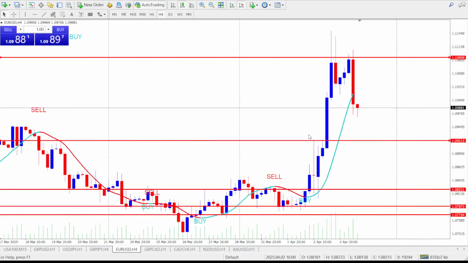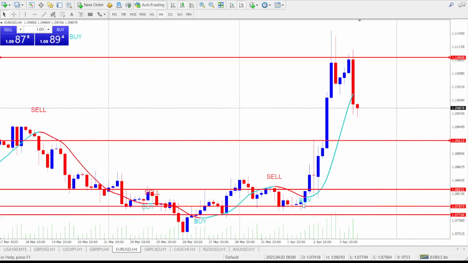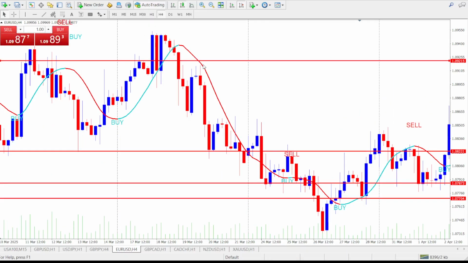Now let's just quickly review the steps to use the Super Trend Profit indicator. First of all, you need to wait for the dynamic line to turn from red to blue or from blue to red. Red to blue for a buy trend, blue to red for a sell trend.